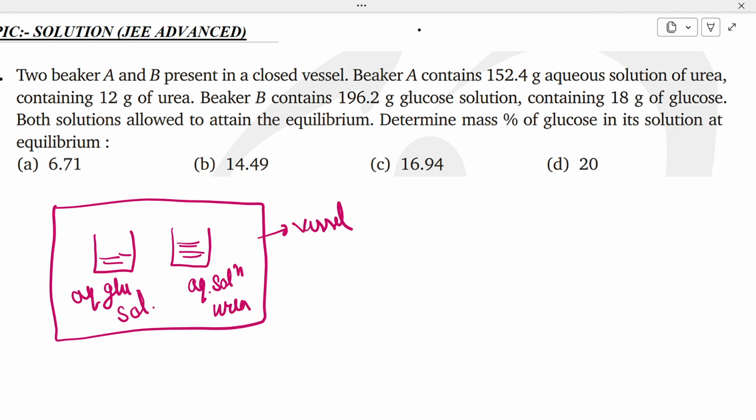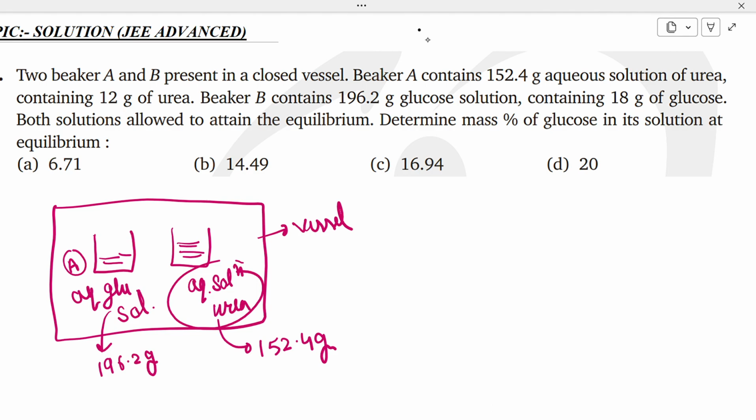Now that is beaker A and that one is beaker B. The mass of glucose solution is 196.2 gram, and the mass of urea solution is 152.4 gram.